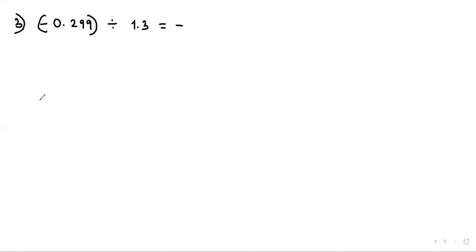So already we know that our answer will be a negative. So let's just write 0.299 out of 1.3. What should we do? You can see that our divisor is not an integer. What should we do to make it an integer?